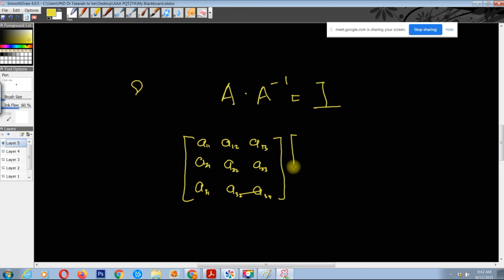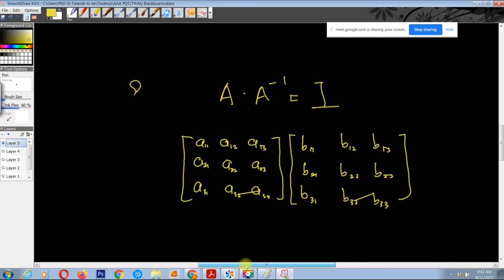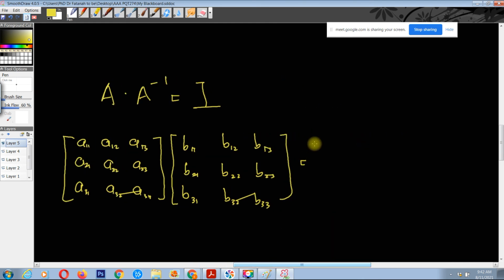We multiply with the inverse, whose elements are B11, B12, B13, B21, B22, B23, B31, B32, B33. If we want to multiply, what should we have?